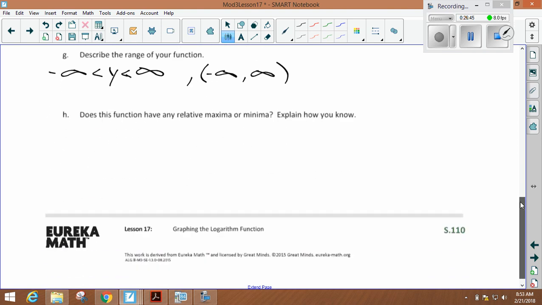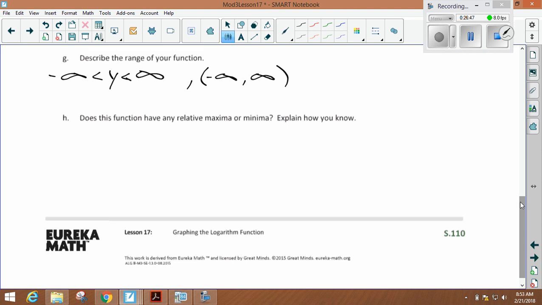All right. Hey, does it have any relative maxima or minima? Our answer is going to be no. Why? Because the graph is always increasing.